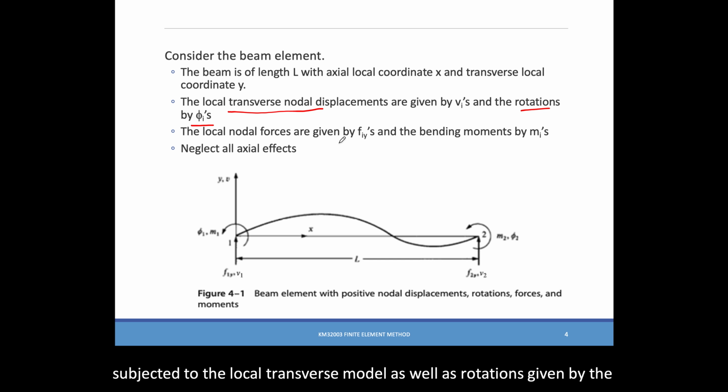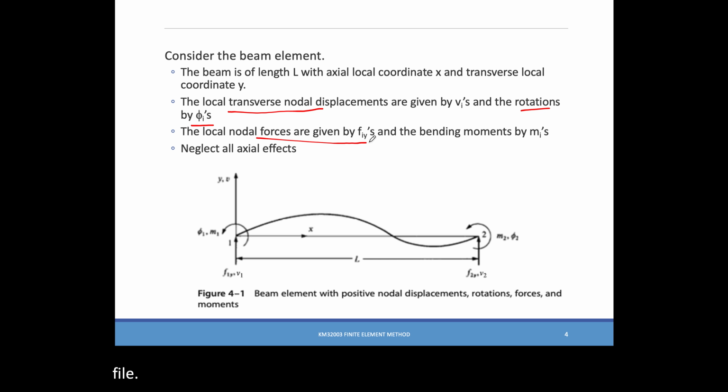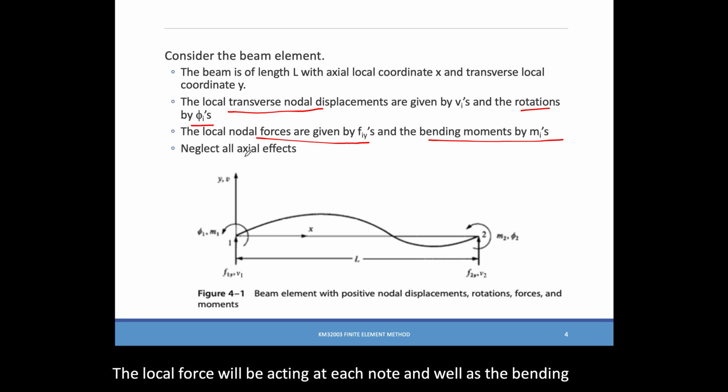The local force will be acting at each node as well as the bending moment M. In the beam element itself, axial effect is neglected.